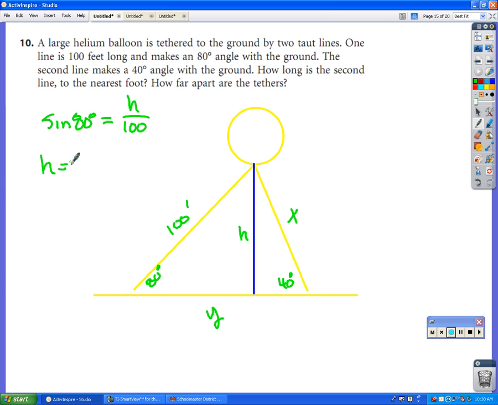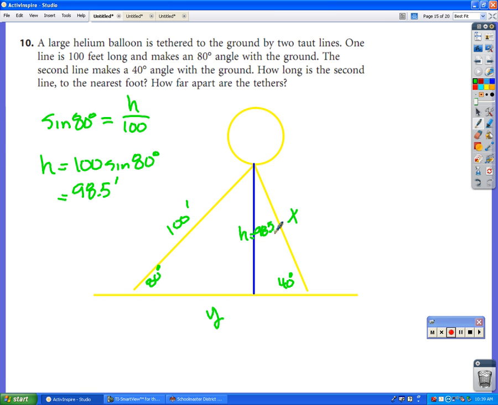And so that means the height is going to be 100 times the sine of 80 degrees, which is 100 sine 80. That comes out to be 98.5 feet. So this distance right here is 98.5.